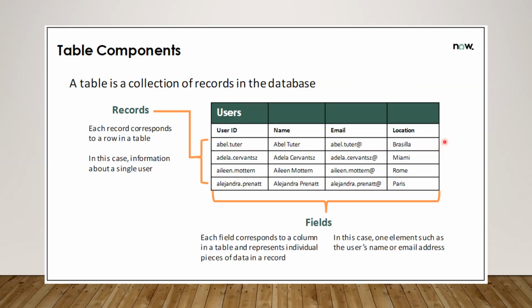Each row, like this is one row, second row. Suppose this is one row, this is second, this is third, this is fourth.